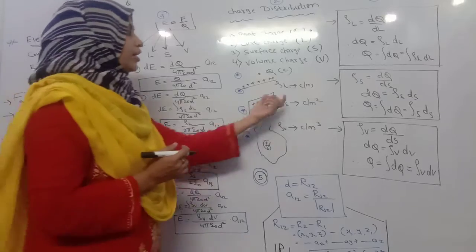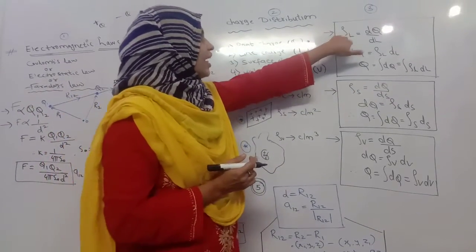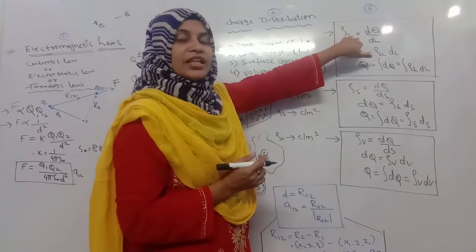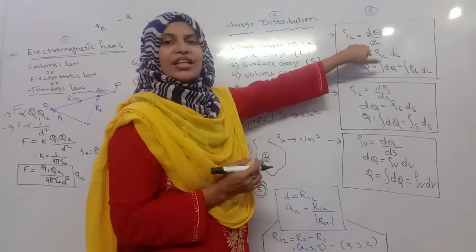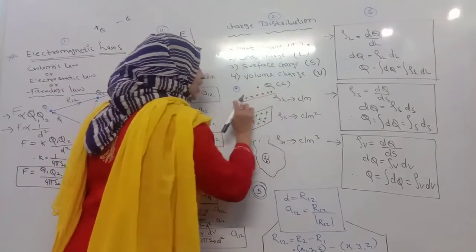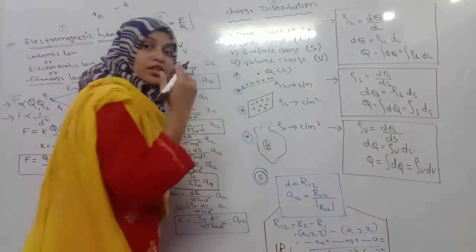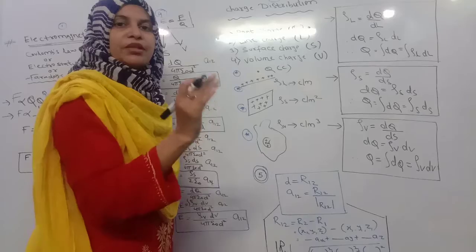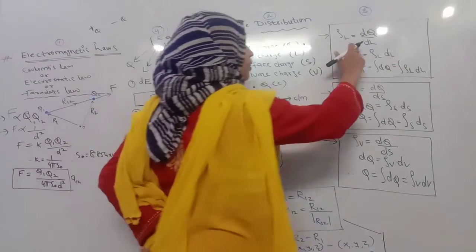Now come to the point. How can you calculate this rho L? That is the line charge distribution. This line charge density is directly proportional to the charge and inversely proportional to the length. Obviously, my dear students, if this is the line, I am focusing on the charges, which may be positive or negative, and the line is inversely proportional to this length, that is nothing but my dL.